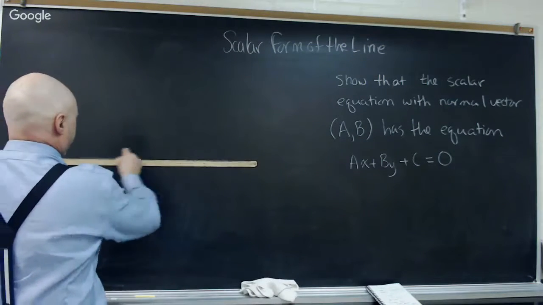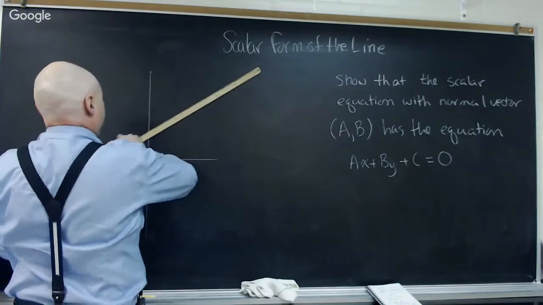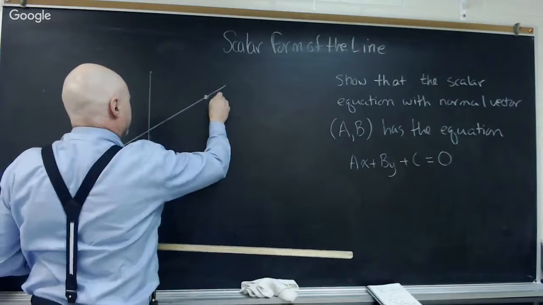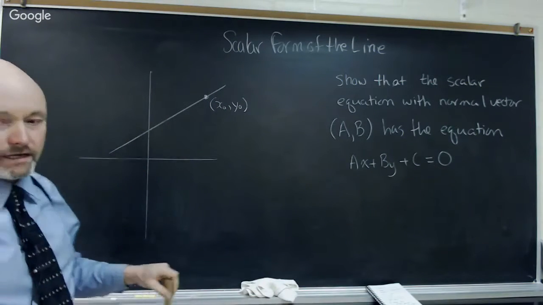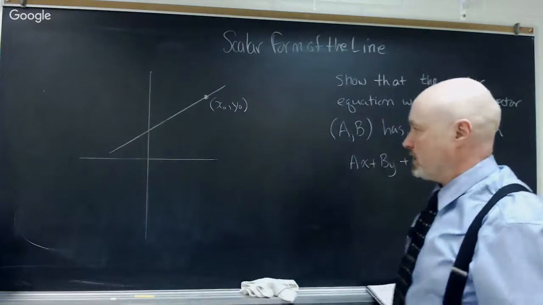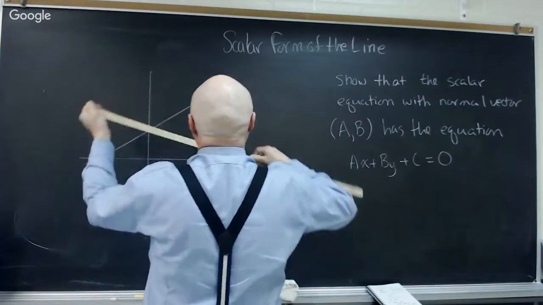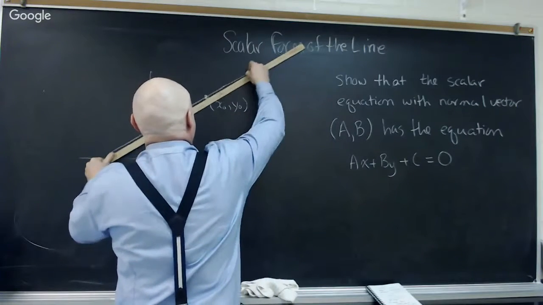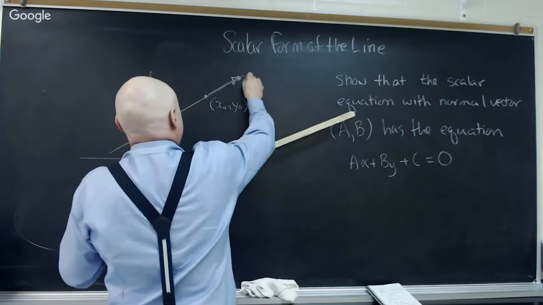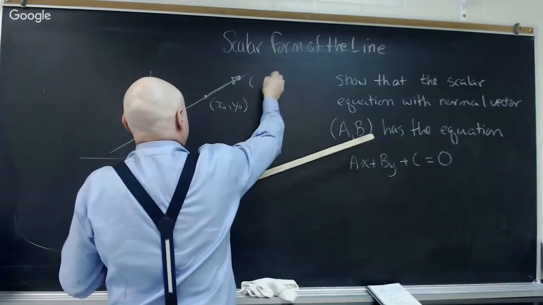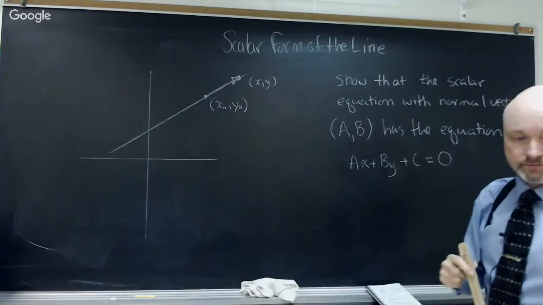If we're looking at the Cartesian plane, we have a line. That line goes through some fixed point x naught, y naught. This is like my position vector. And it has a direction vector that ends with a tip here at, in general, x and y.